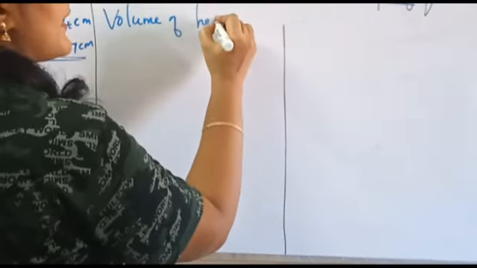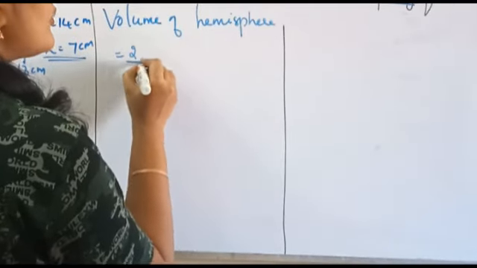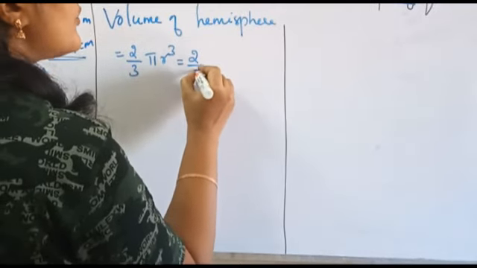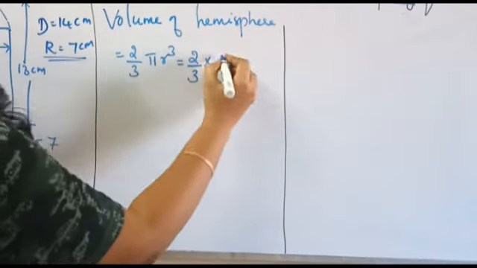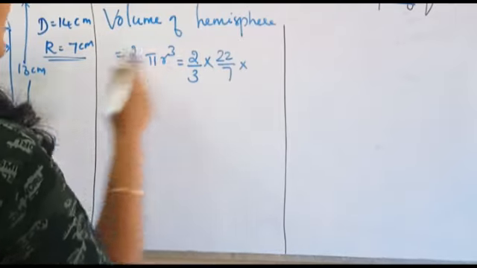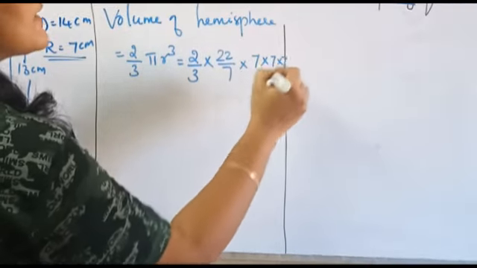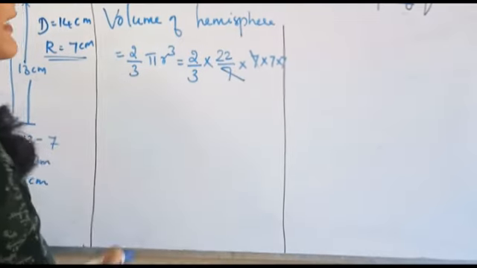Volume of hemisphere is equal to 2 by 3 pi r cube, which is equal to 2 divided by 3 into pi is 22 by 7 into r cube. R cube is 7 cube, which is equal to 7 into 7 into 7. So 7 cancels.